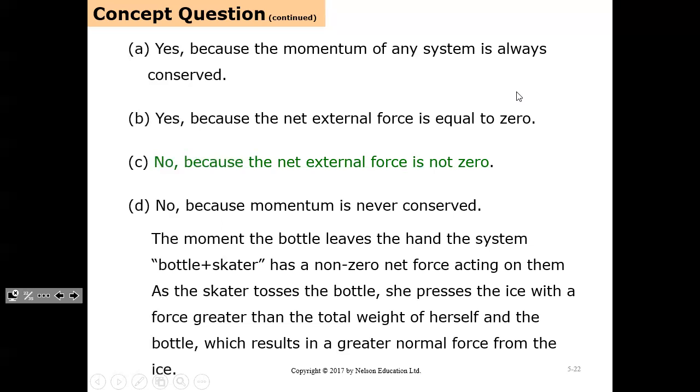So when you throw this, you need to apply a force on the floor greater than the total weight of herself and the bottle, which results in a greater normal force from the ice. So as she tries to throw it, it will be a very small difference, but still, the moment she tosses it up, that will make the normal force from the floor on her slightly greater than the weight of her on the earth. So the answer is no.